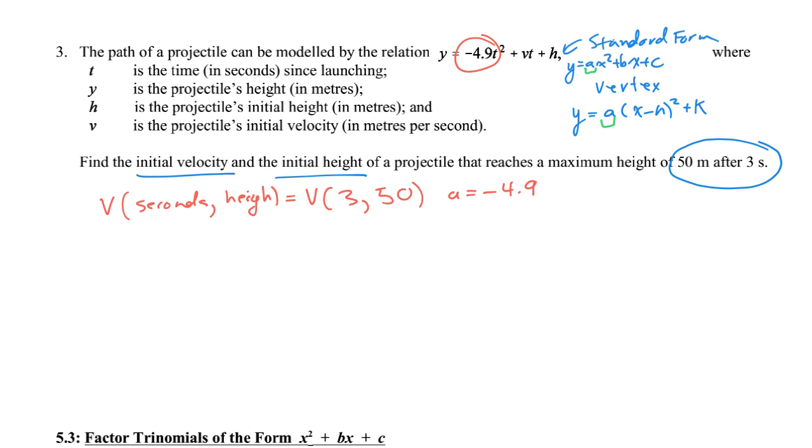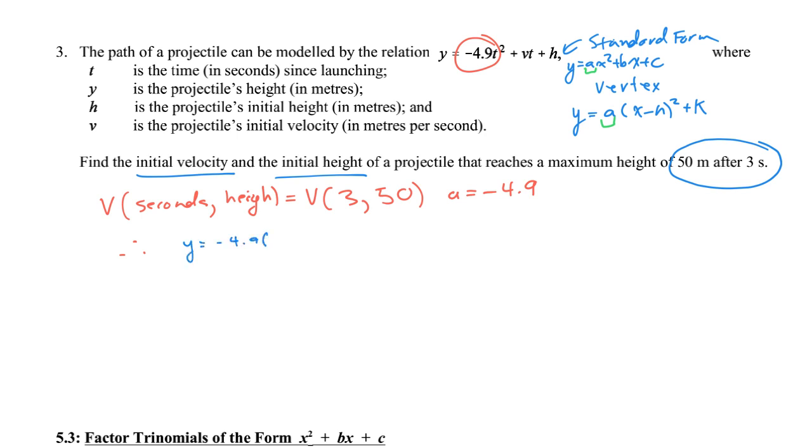So we can come up with the vertex form of a parabola, which is based on this equation. And we're going to rewrite it with the variables that we use for our equation. So you're going to get the following. y is equal to negative 4.9.